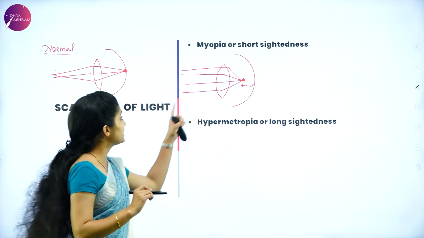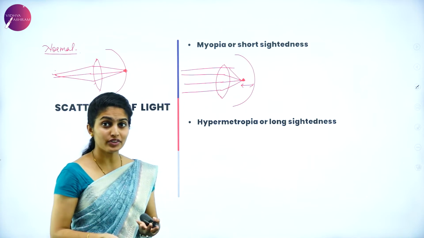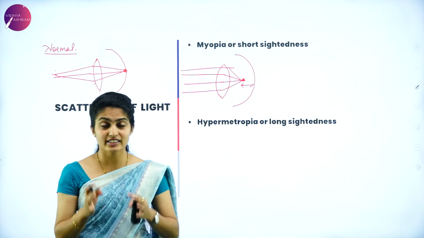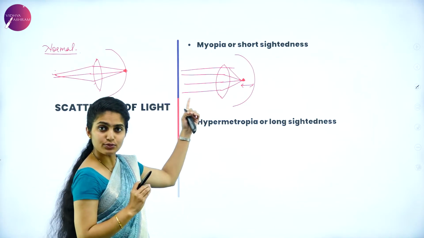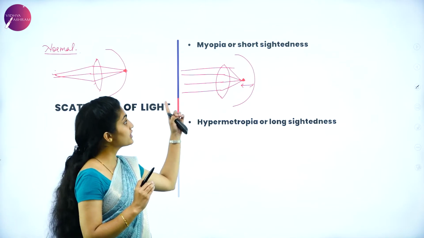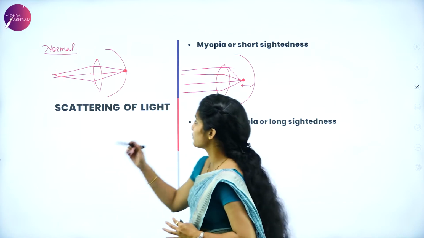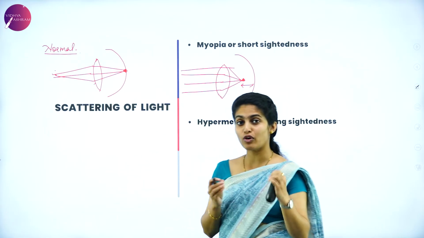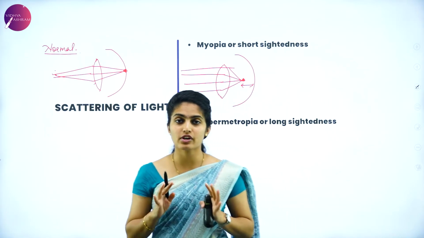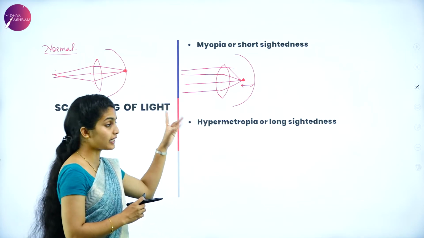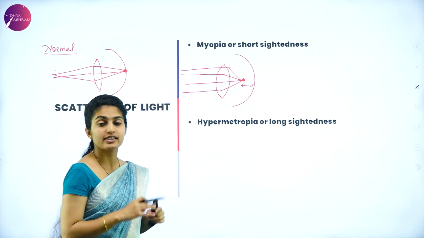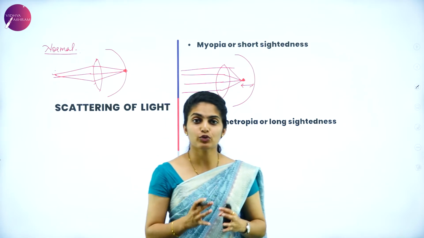It meets at a certain focus and the focus is not on the retina. So the light from farther objects falls before the retina, and the light from nearer objects falls onto the retina. That means it is short-sightedness and not long-sightedness. So this is called a myopic eye.